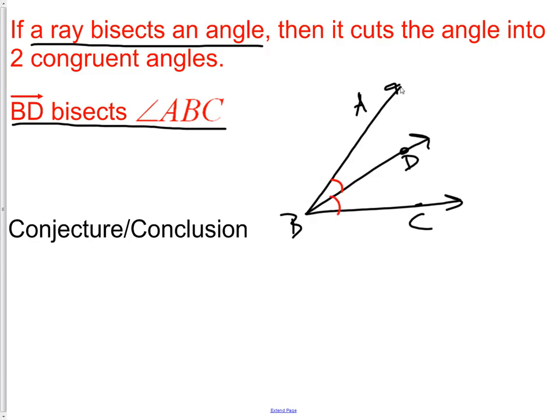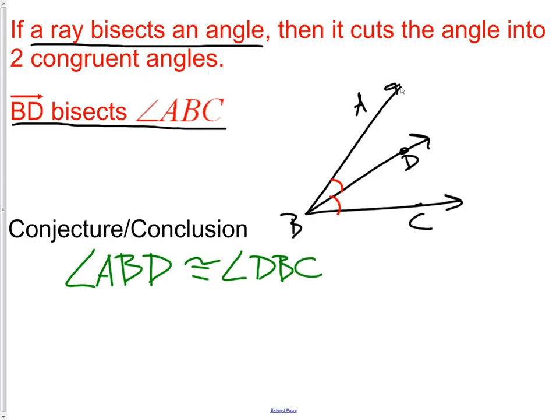We now can make a conjecture. Because it's being bisected into two congruent pieces, we now have angle ABD being congruent to angle DBC.